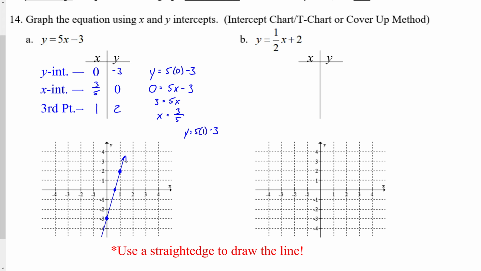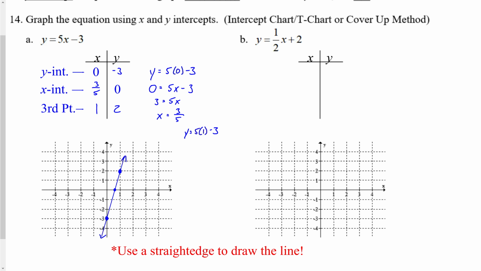Using a straight edge will help you be more accurate. It'll ensure that your line is straight. So that is going to be an expectation. So again, 2 points is all you really need. I did a decent job here of estimating where that x-intercept would really be, even though it was a fractional value.